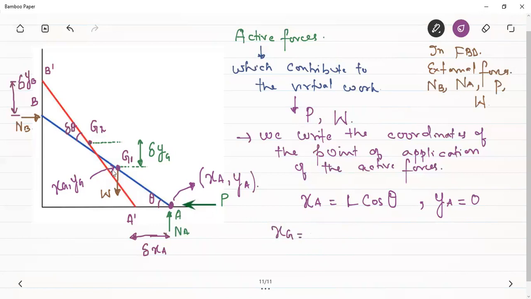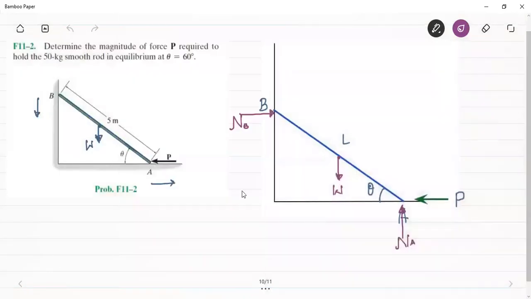Also, if I write xG, we can see that this is G, it will have an x coordinate and a y coordinate. This distance will be equal to L by 2, and this distance is also equal to L by 2. So we can see that the x coordinate will be equal to L by 2 cos theta.